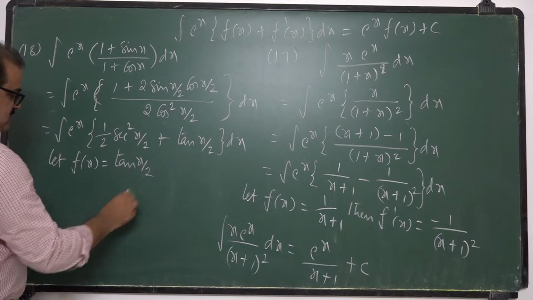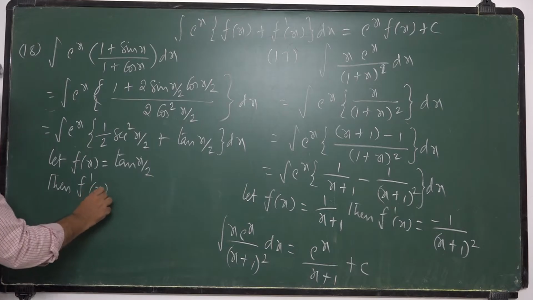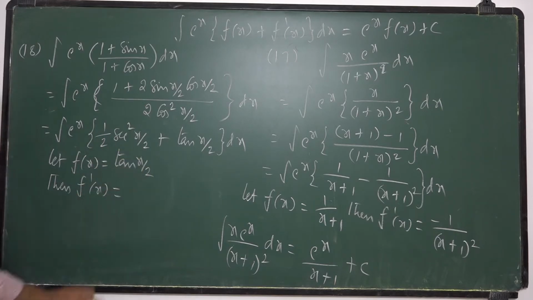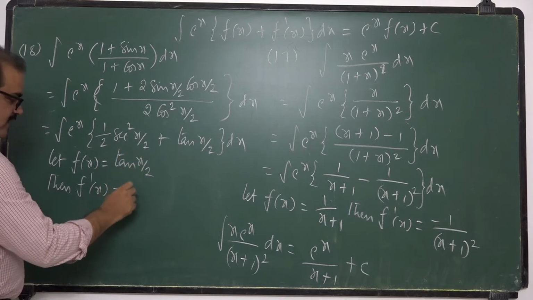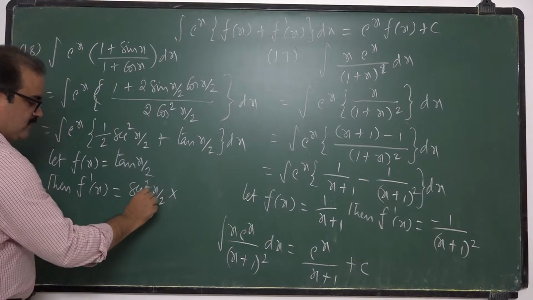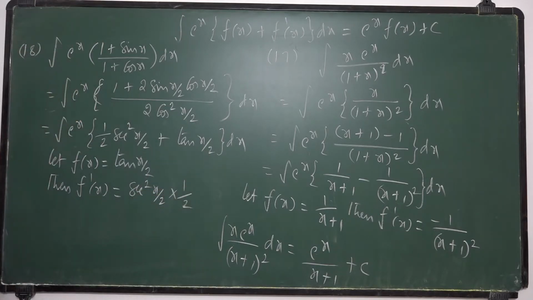Let f of x is equal to tan x by 2. Then f dash x is equal to the derivative of tan x by 2, that is secant square x by 2 into the derivative of x by 2, 1 by 2.